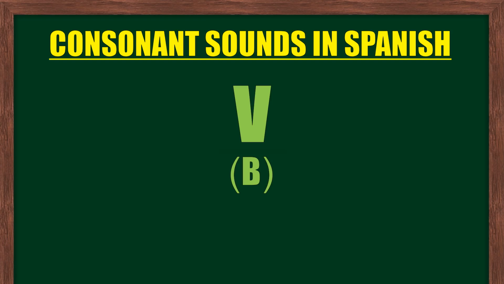So for example, in words like vaca, cow, the great majority of Spanish speakers do not say vaca with a V. They say vaca with a B. Joven, young.